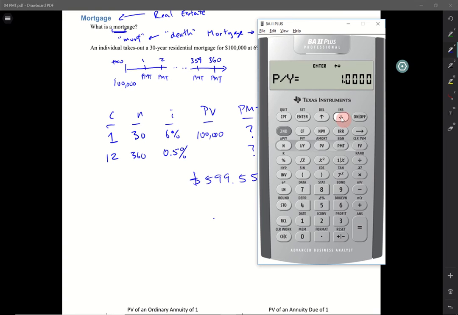On the other hand, if you become a real estate professional and you're always dealing with monthly, then it makes sense to put 12 in here, because the moment you put 12 in there, all of these registers are perfectly set up for monthly compounding. Then the next problem that you get is going to be quarterly compounding, and so you'll have to switch this to 4 to make everything quarterly compounding. And then you get a semi-annual.